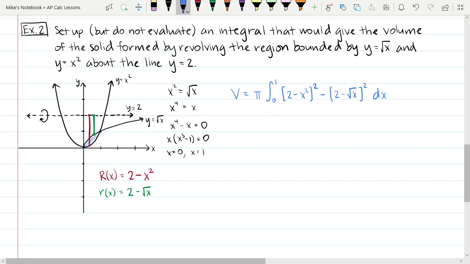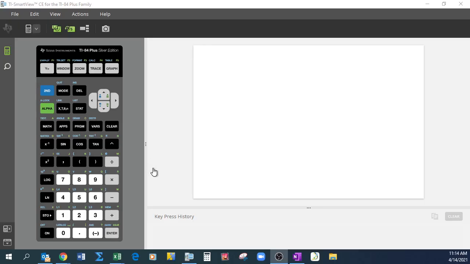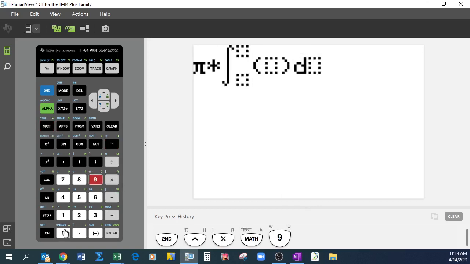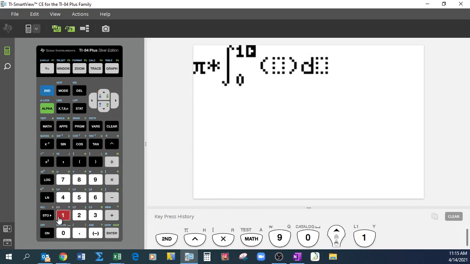All right, so this time let's go ahead and use a calculator to evaluate that. Okay, so let's go ahead and type this in. Again, don't forget about the pi. That's still probably one of the most common mistakes people are going to make, is forgetting to multiply by pi. So we have pi times, now again, the integral, so math 9 from 0 to 1 of. Now again, be very careful here. Make sure you're paying close attention to when you need parentheses, things like that.